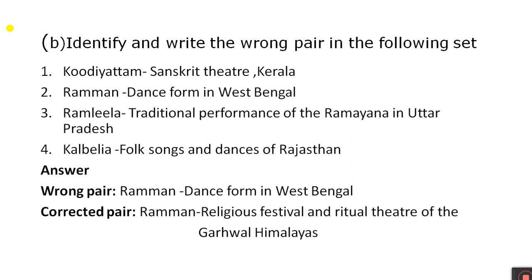Fourth pair. Kalbelia, folk songs and dances of Rajasthan. Answer. Wrong pair. Raman, dance form in West Bengal. Corrected pair. Raman, religious festival and ritual theatre of the Garhwal Himalayas.